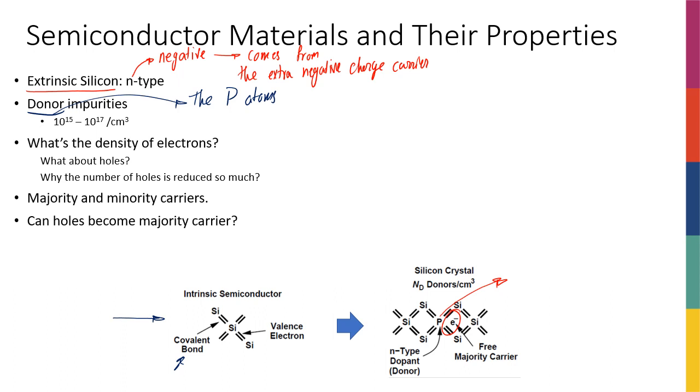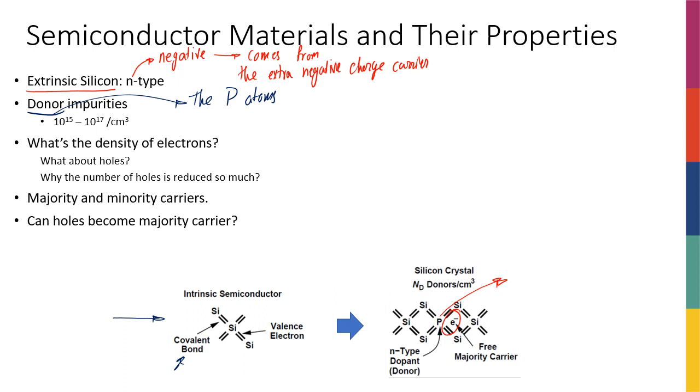The impurity level is somewhere between 10 to the power of 15 to 10 to the power of 17 centimeter cubed, right? So that's the number that we know that if we're in that range, we're going to have a good semiconductor. Depending on how much conductivity we want from our semiconductor, we increase or decrease the level of impurity, right?